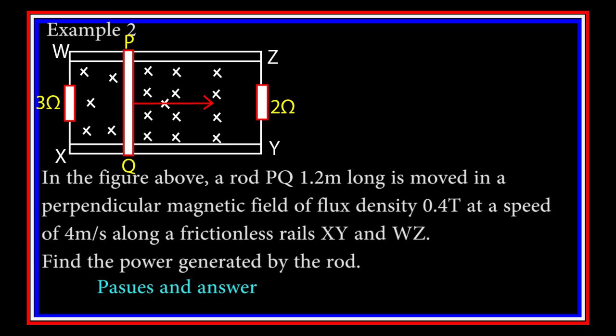volts. Example 2. In the figure above, a rod PQ of 1.2 meters long is moved in a perpendicular magnetic flux of 0.4 T at a speed of 4 meters per second along frictionless rails X, Y, and W, Z. Find the power generated in the rod.